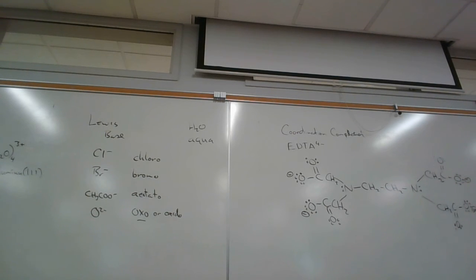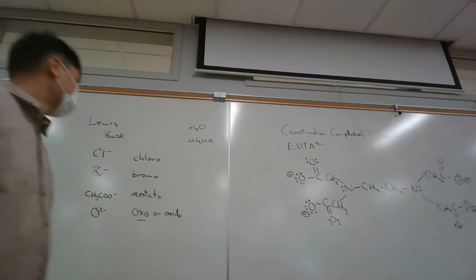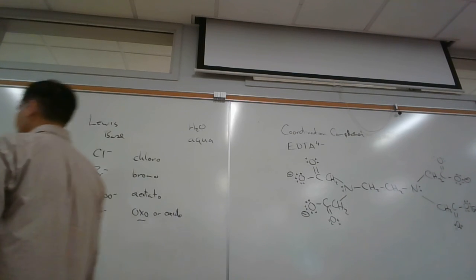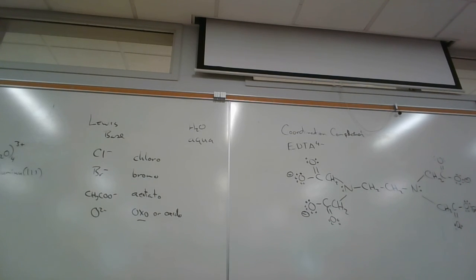What makes something a complex? What makes something a complex is a coordination. There's electrical attraction.